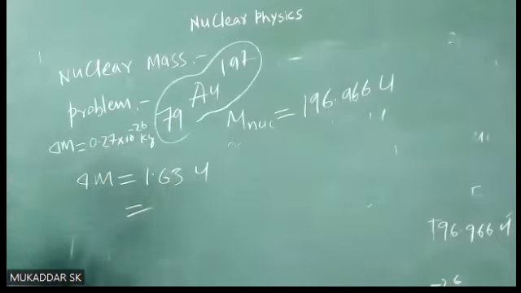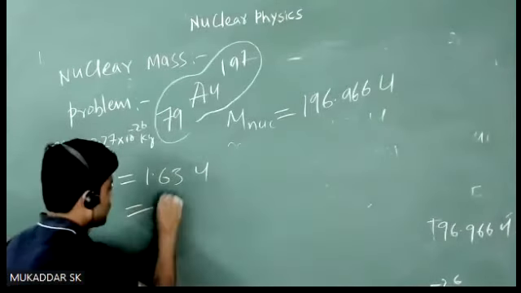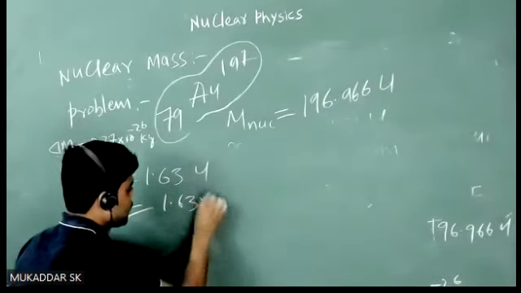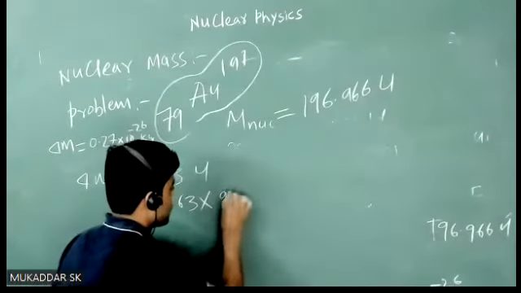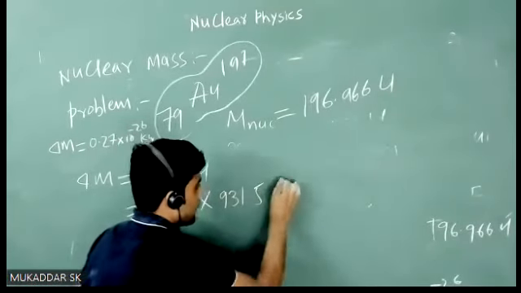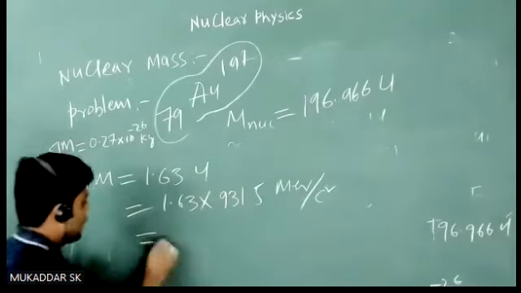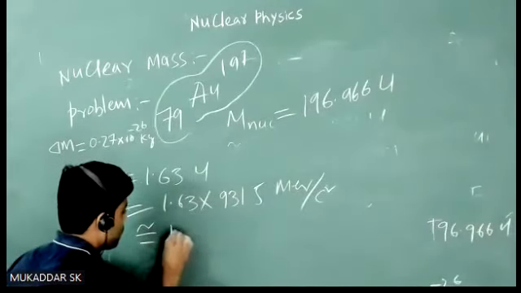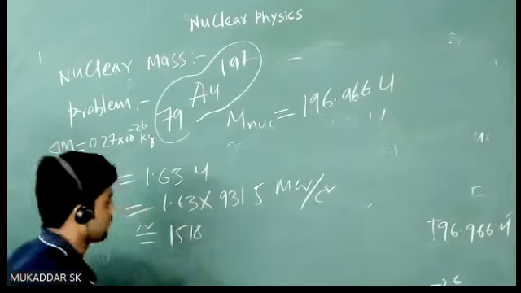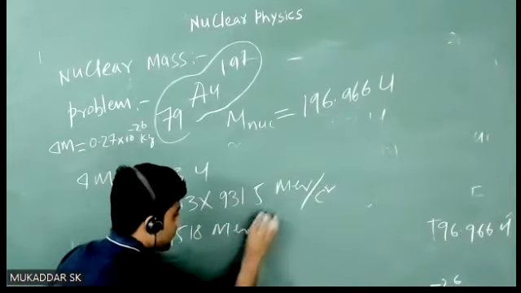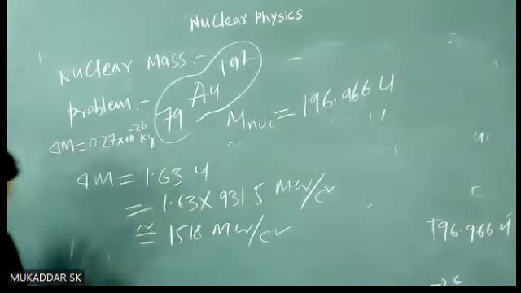If you want to convert it into MeV/c², yesterday we derived these things, so you have to multiply by 931.5. Very good. So you will get approximately 1518 MeV/c². Okay.